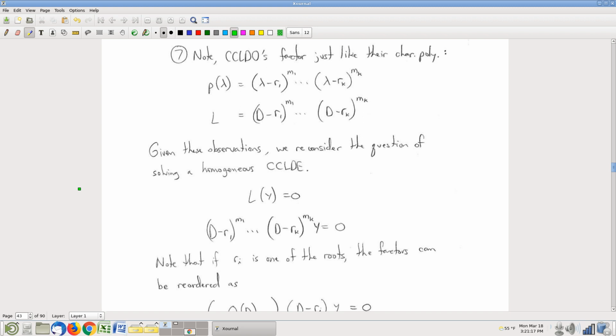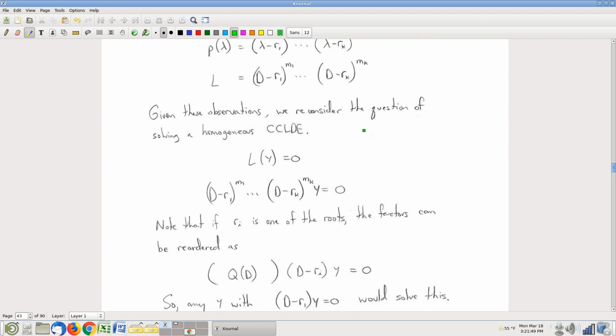The nice punchline of which was that, for the certain kinds of linear transformations that we're interested in from section 4.2, constant coefficient linear differential operators, they just really look a lot like regular old algebra. In particular, polynomials factor just like they did back in high school. Okay, and this has some really nice consequences.